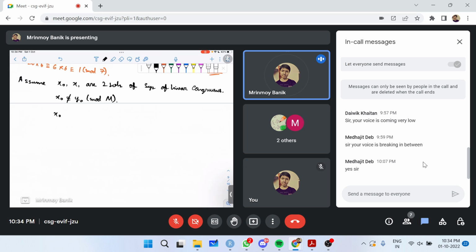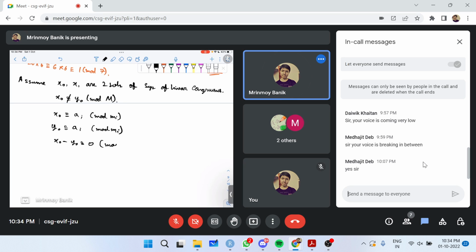Now x naught has to satisfy all the linear equations, so x naught is congruent to ai mod mi. Y naught also has to be congruent to ai mod mi, since they are solutions. Now you subtract them, you get ai minus ai, that is 0.